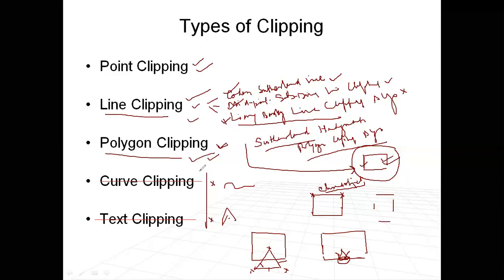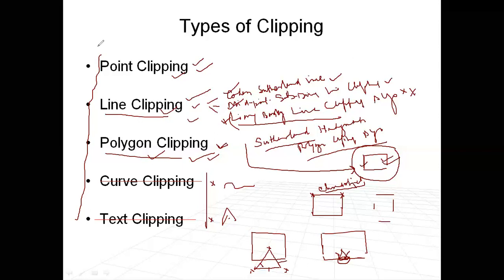That is why we have a separate polygon clipping algorithm, because the line clipping algorithm does not give you the closed object after clipping. So these are the few types of clipping criteria. We will go through point clipping, line clipping, and polygon clipping, whereas in line clipping, we will not follow the Liang Barsky clipping algorithm.